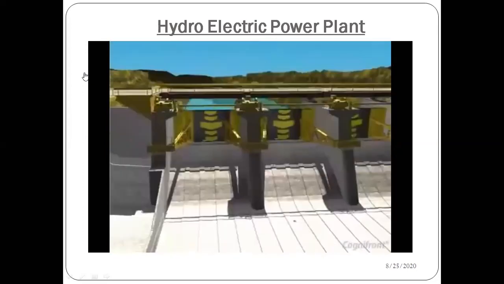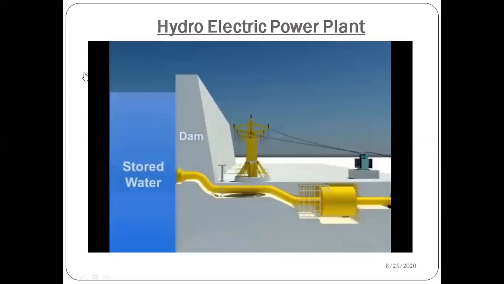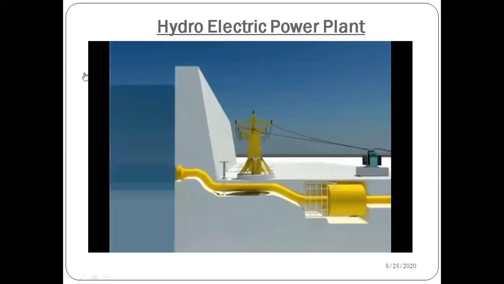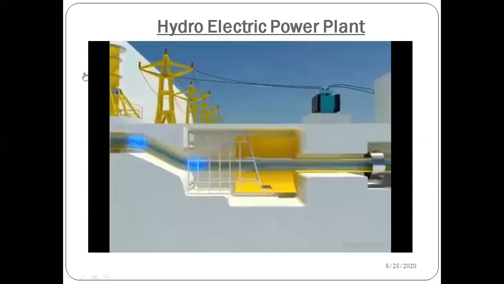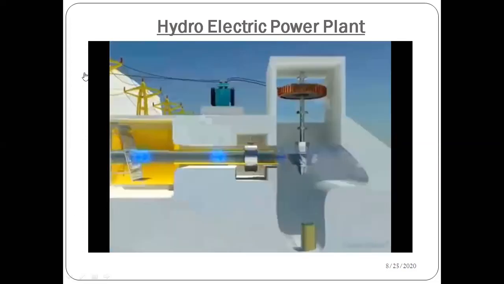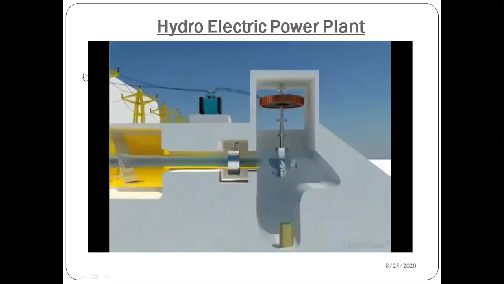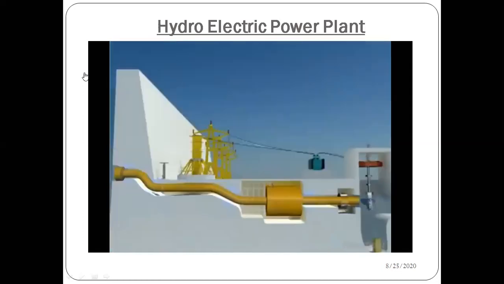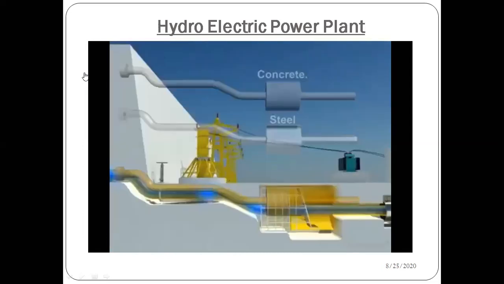So these plants are constructed near big dams. Water stored in dams has potential energy. The water under pressure is carried by penstock and supplied to the turbine through the inlet valve. Penstock is a pipe made up of steel or concrete.